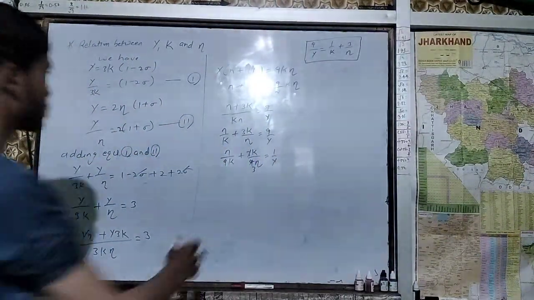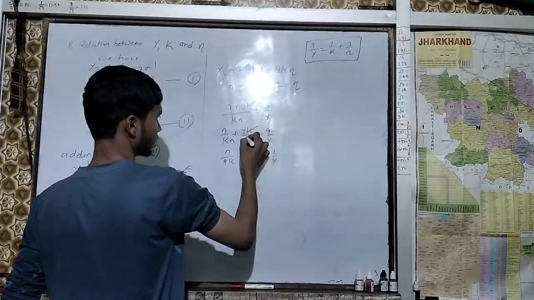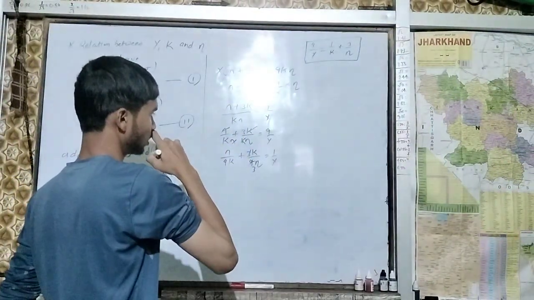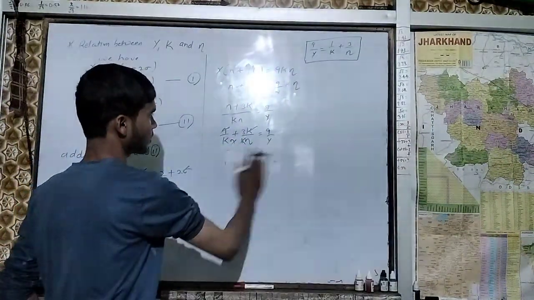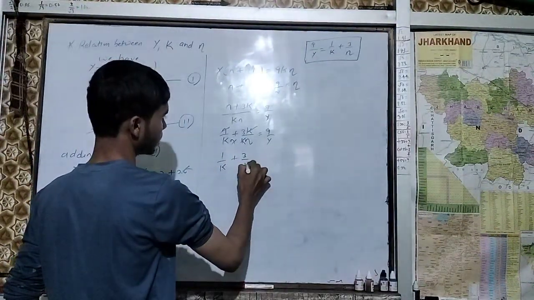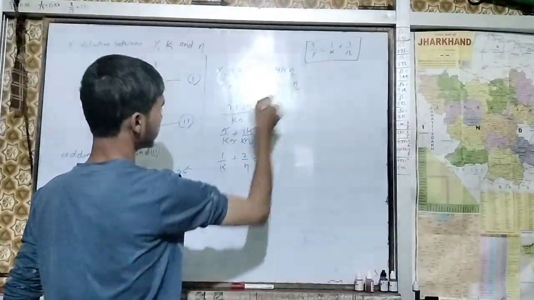So this should become kη, and it also came. So k will cut to each other, and η will cut to each other. So finally we have what? 1 upon k plus 3 upon η is equal to 9 upon y.